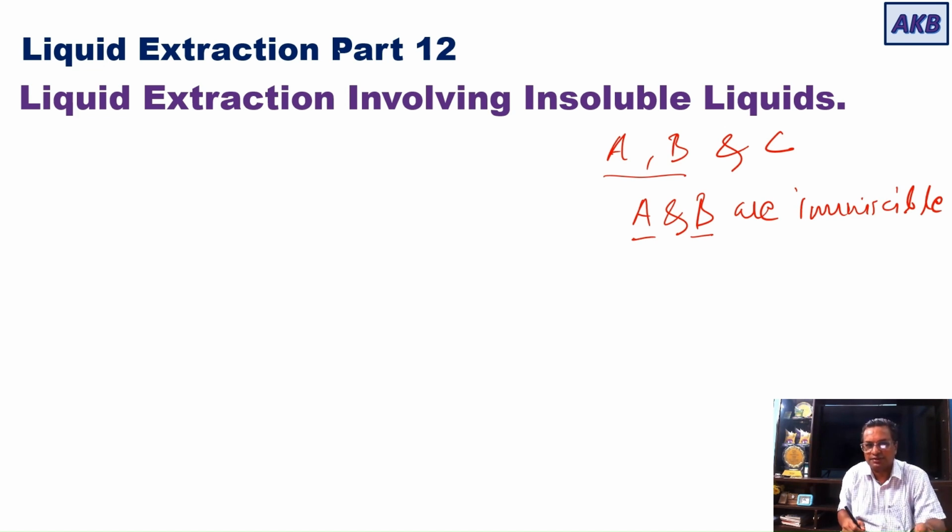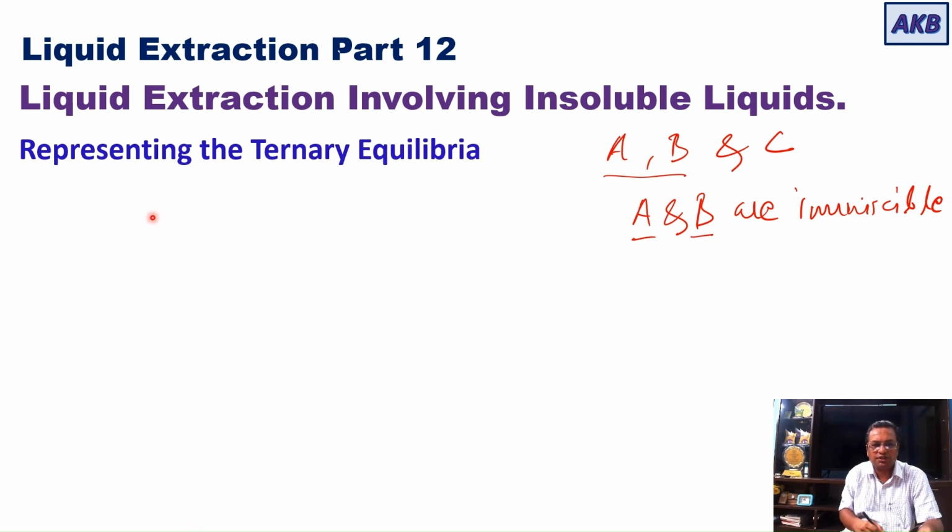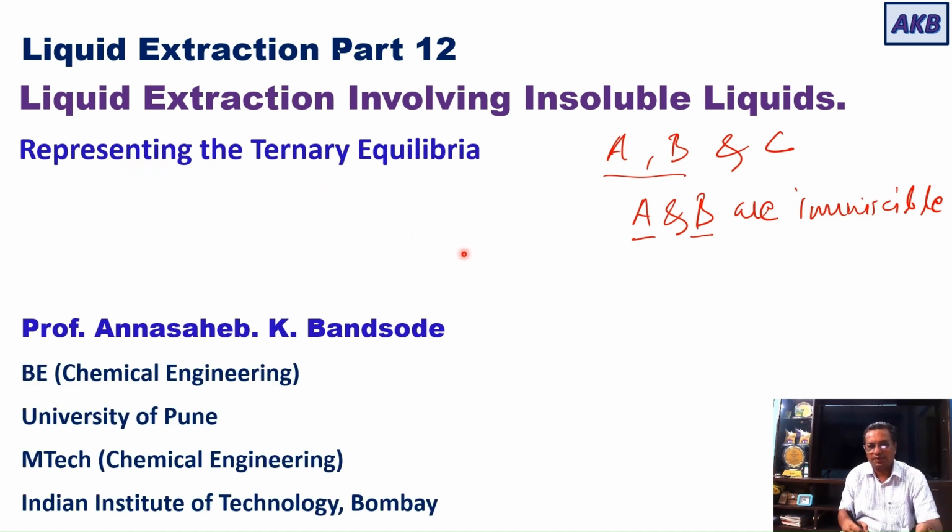Now let us understand how to represent the ternary equilibria when A and B are immiscible in each other. In the coming few videos, I will be talking about stage-wise extraction involving such insoluble liquids. So today, the objective is to learn how to represent the ternary equilibria. Let us start the discussion.